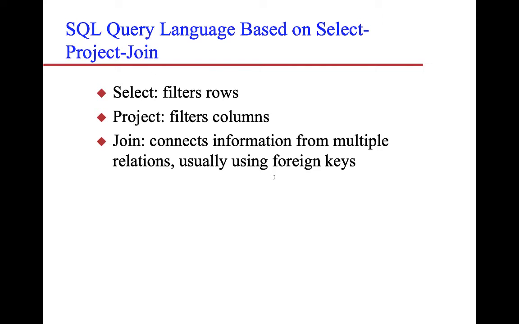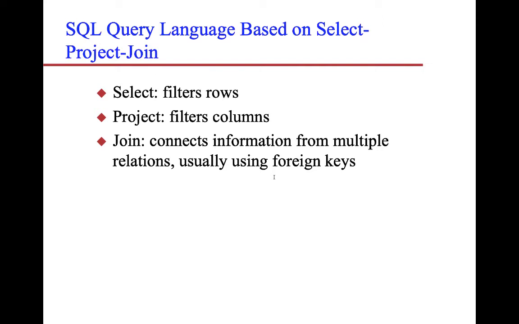There are 3 fundamental operations in relational databases. They are called select, project, and join. Select filters out rows. Often you don't want to see the entire table. You just want to see some rows in the table.